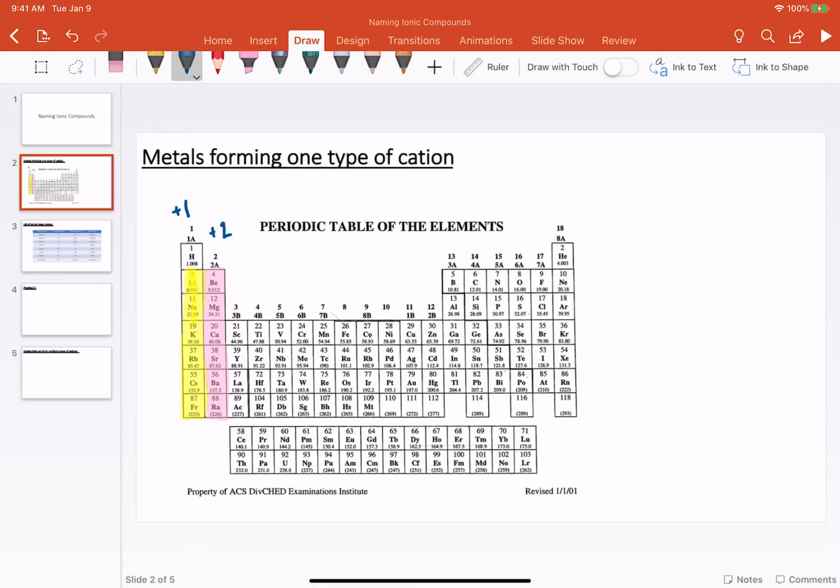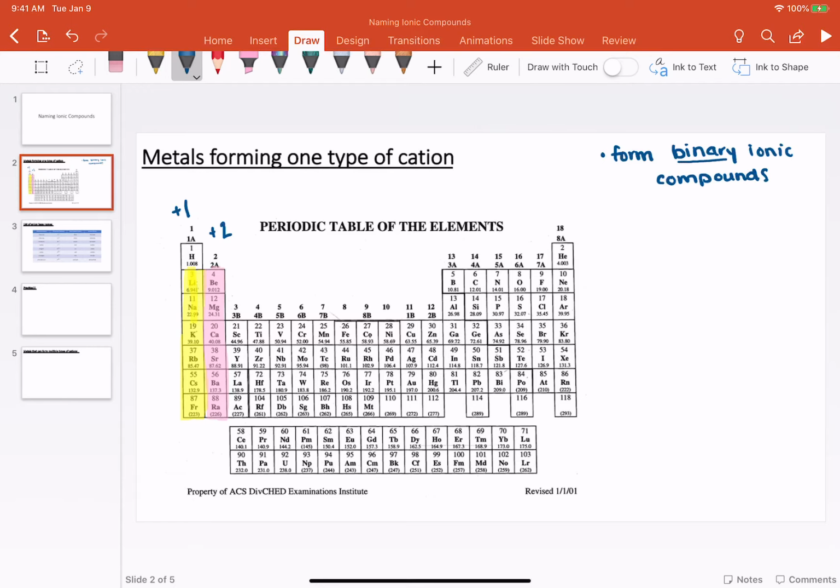And these metals form what are called binary ionic compounds. Take a look at that name. What do you expect binary ionic compounds to be?